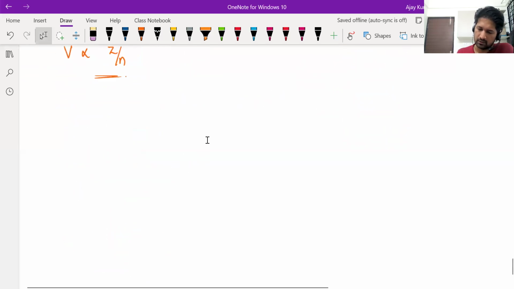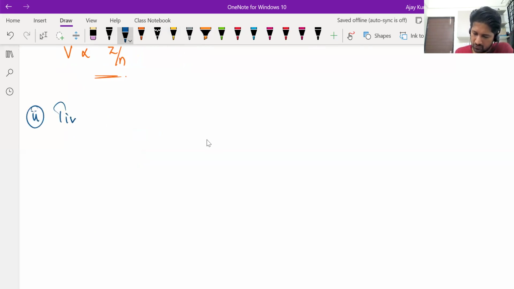Next, time period of revolution of electron. If it is uniform circular motion, there will be a well-defined time period in which it completes each revolution. Now you know time period is 2 pi r divided by v, time period of circular motion. You know the formula for radius of nth orbit. You just saw the formula for speed of electron in the nth orbit. Substitute them, you will get the time period formula.